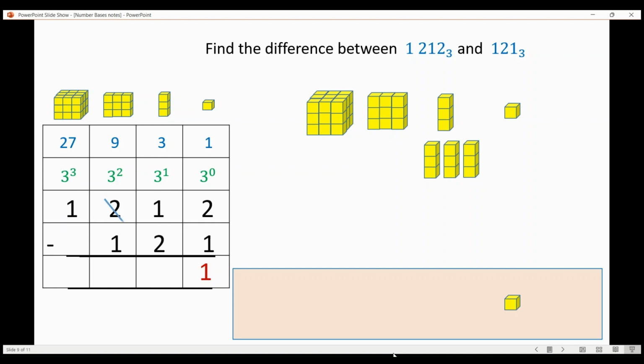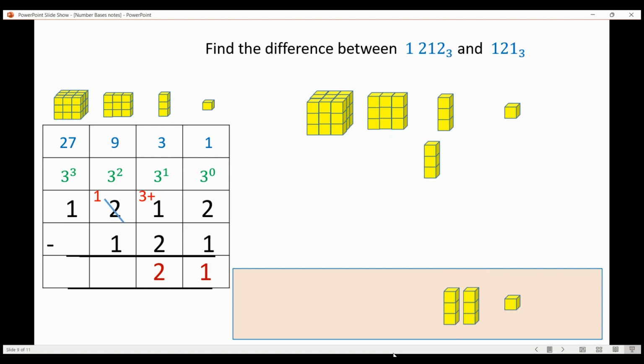We cross out 2 groups of 9 and write 1. And what else? We're adding 3 groups of 3. That's why it's better, instead of writing 1 there, we should be writing 3 groups of 3 plus 1 group of 3, a total of 4 groups of 3. So now that we have 4 groups of 3, we have to subtract 2 from there. So let's take out 2, and that means we're left with 2 up on top.